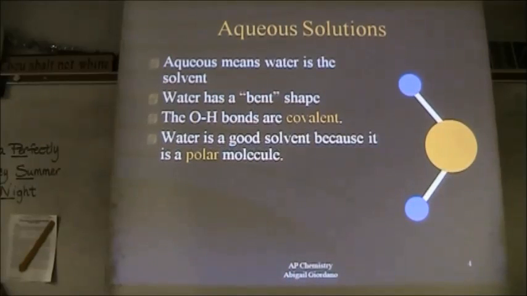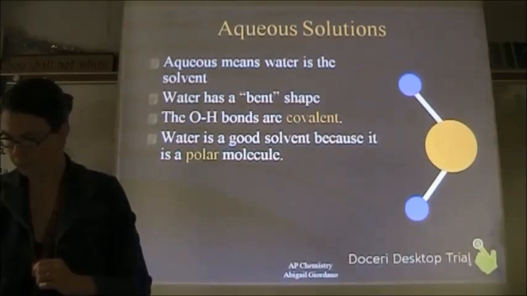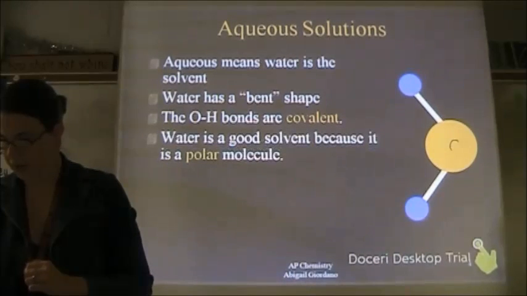Now let's see if you remember a certain term. If I say to you that one element is more electronegative than another, do you remember what that means? Absolutely. Okay, a very electronegative element means an element that pulls electrons towards itself very well. So for example, in this model, let me change colors here. This is your oxygen.